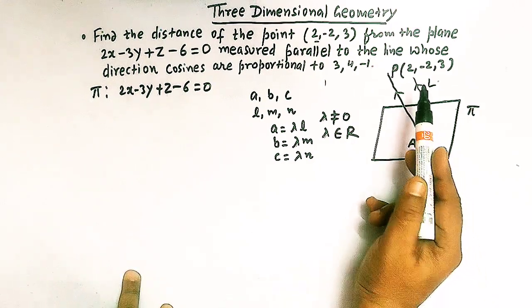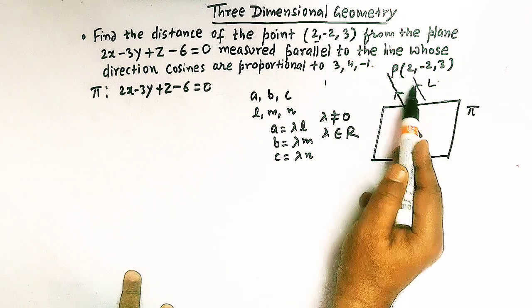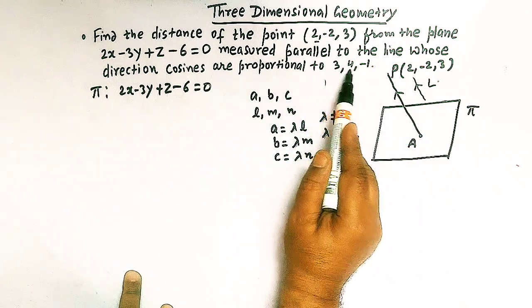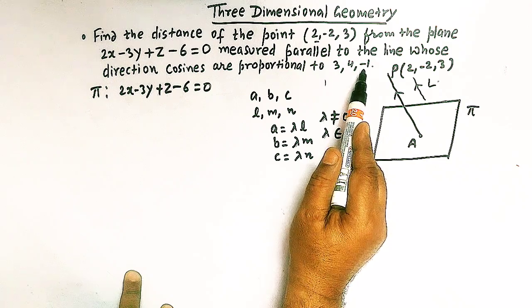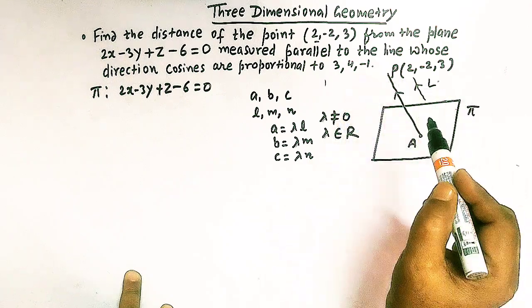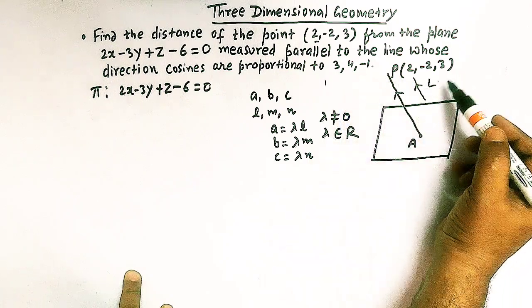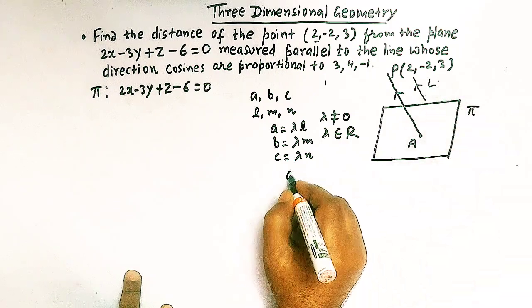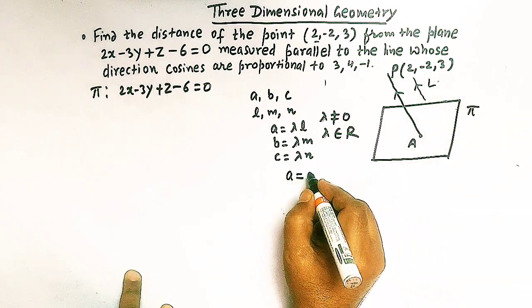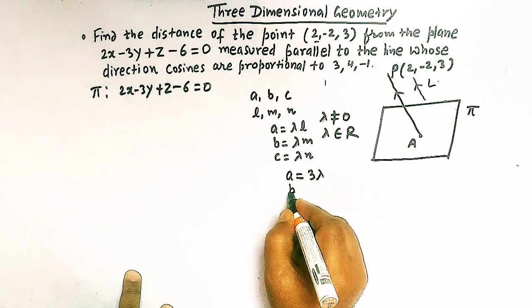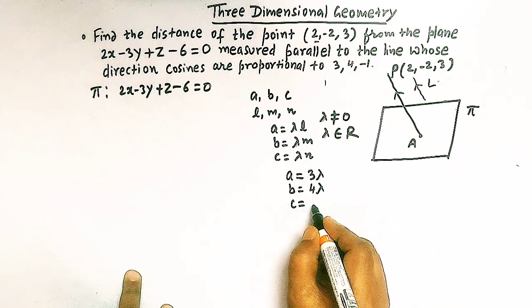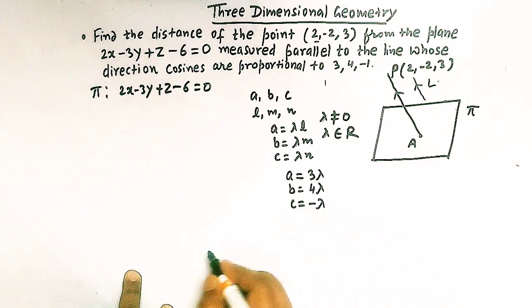Now the direction cosines of this line L are proportional to these numbers 3, 4 and minus 1, right? So the direction ratios of any line which is parallel to this line L are given by a is equal to 3 lambda, b is equal to 4 lambda, and c is equal to minus lambda, right?